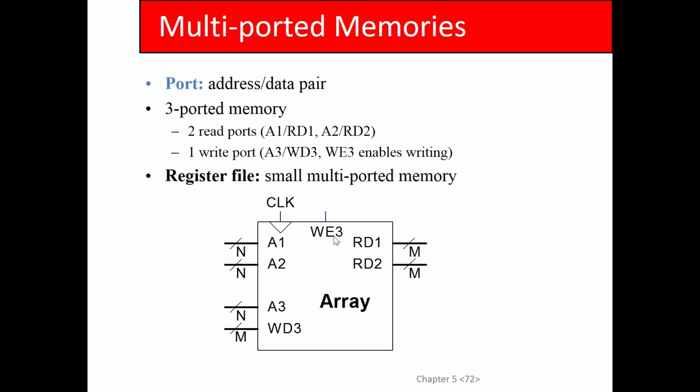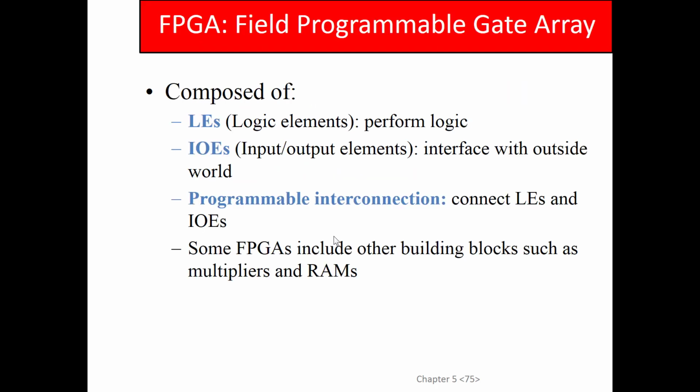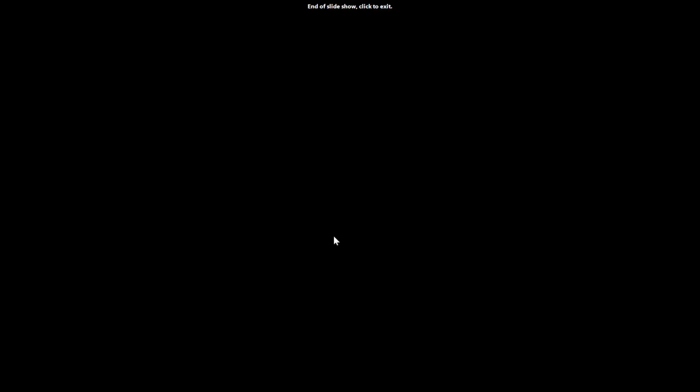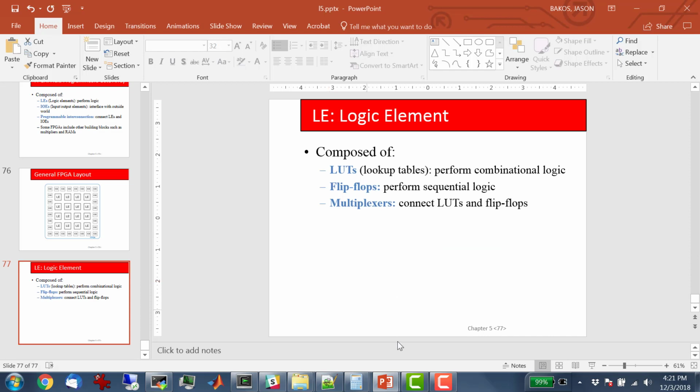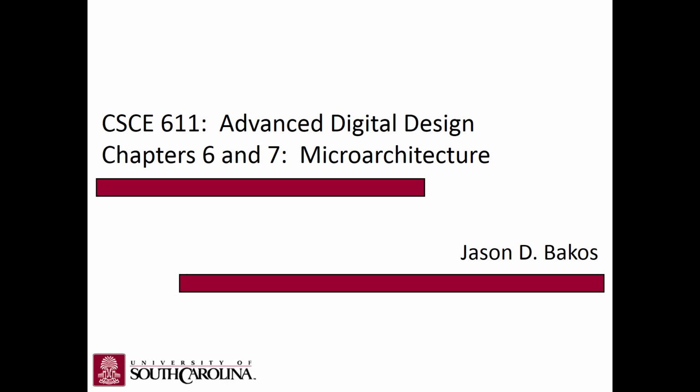I took the picture off. I had a picture of it, but you just load up the RAM with whatever truth table you want to build, and then you take the address lines and treat those as your inputs, right? Okay, so that's it. That's all we've got in chapter 5. Any questions?